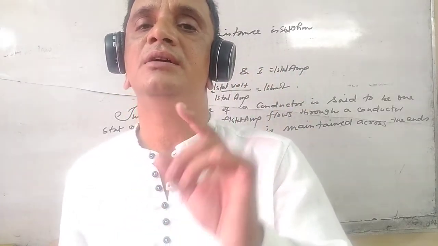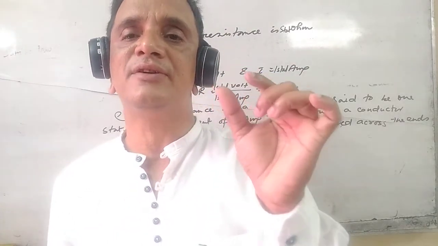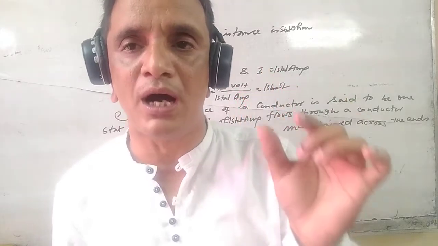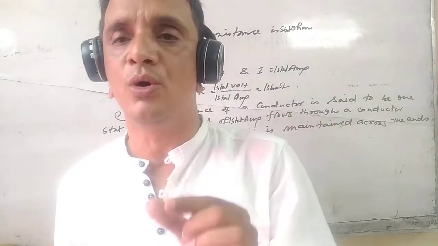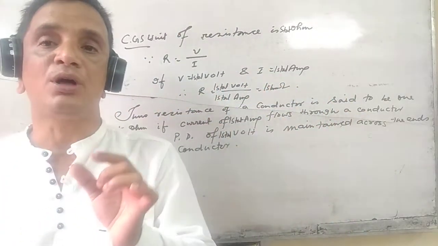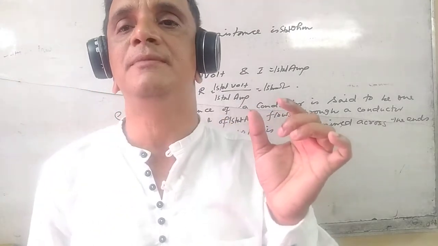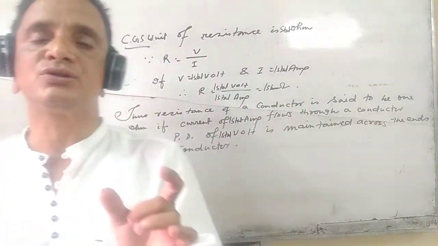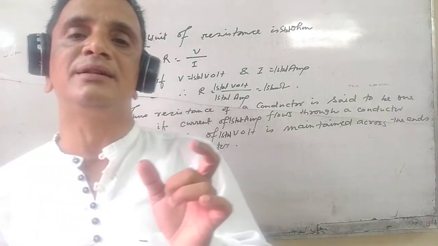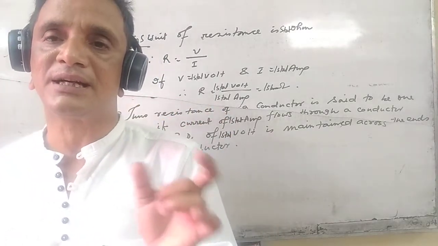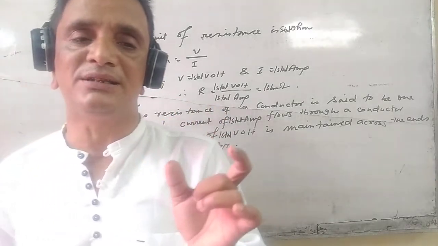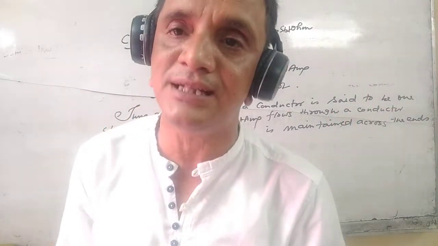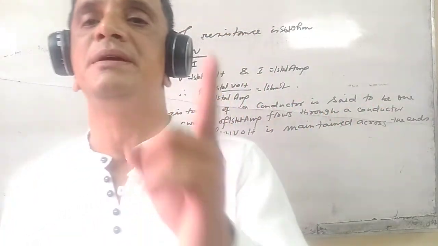A conductor has a resistance of 1 AB ohm if a current of 1 AB ampere flows through it when the potential difference across its ends is 1 AB volt.